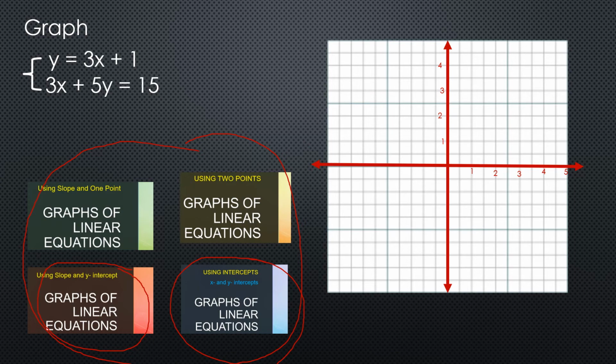This is easier if we're going to use the intercepts or the slope and y-intercept. So the graph will be this one. As you can see, we had the two lines, they intersect, they have the common point. So this is our solution, one solution or unique solution.